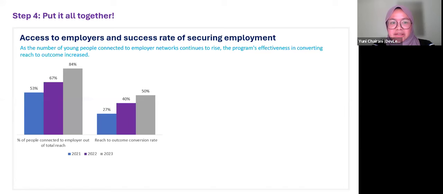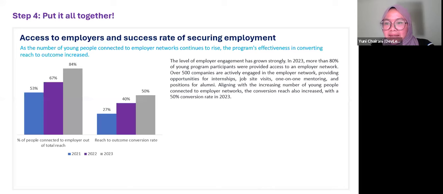The main message here is that as the number of young people increases, the program effectiveness in converting reach to outcome also increases. And I add more description. I have data of over 1,500 companies actively engaged and offering job visits, one-on-one mentoring, and all the activities. I put it here under the description.